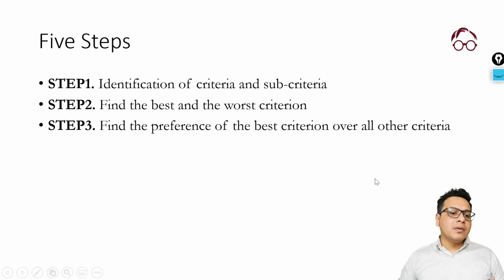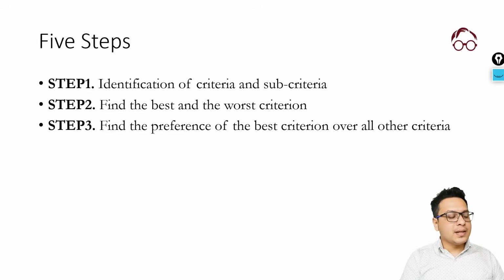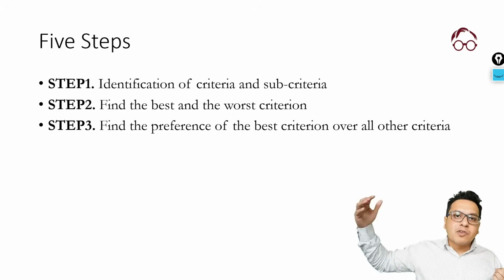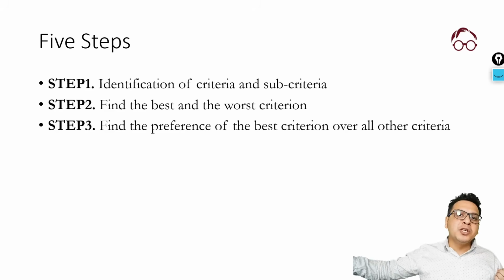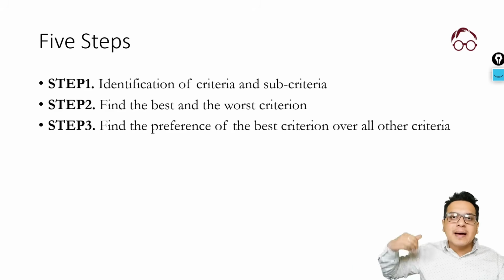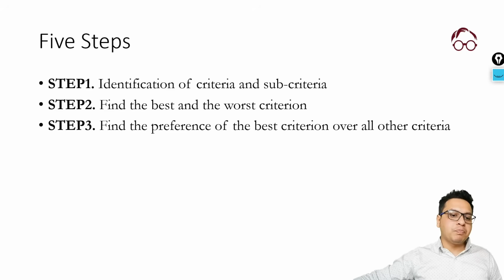And then in step 3, you normally ask the preference of the best criterion over all the criteria. So when we find the best criterion, how important is the best criterion compared to all other criteria? Normally we use a scale of 1 to 9, where 1 means equally important and 9 means absolutely more important. The best criterion is absolutely more important than this criterion, that criterion, and so on, right?